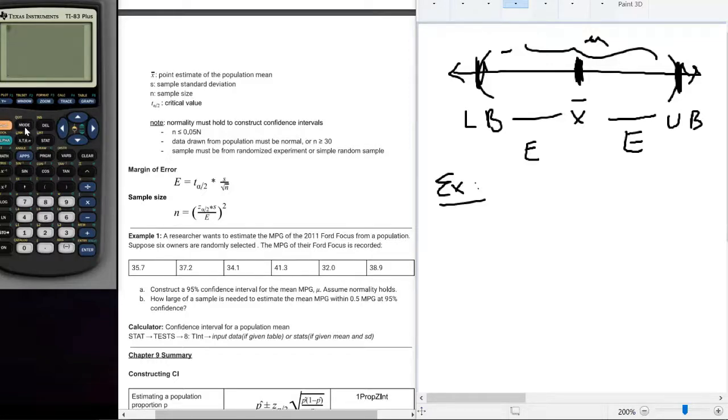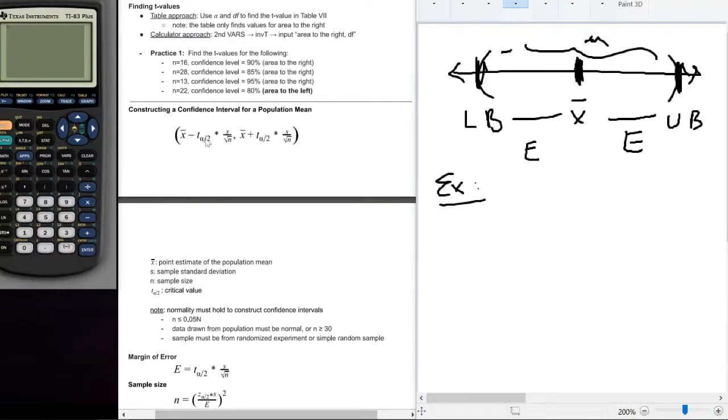Okay, and I want to show you where to actually calculate the pieces for the formula. So if you wanted to do this by hand, the by hand approach requires x bar, s, n, and the critical value t alpha over 2. At least these pieces here we could find using a very nice calculator function we've been using all semester.